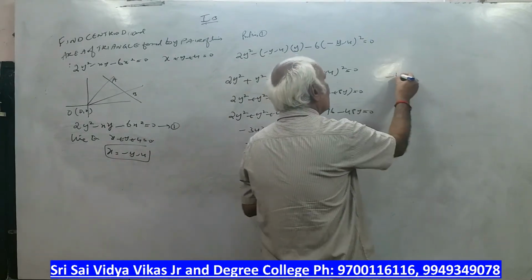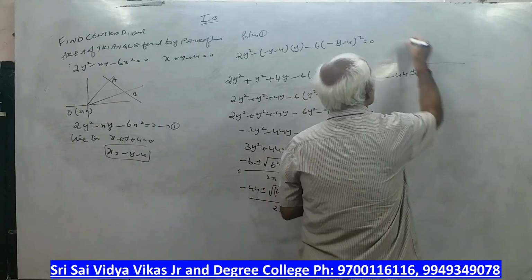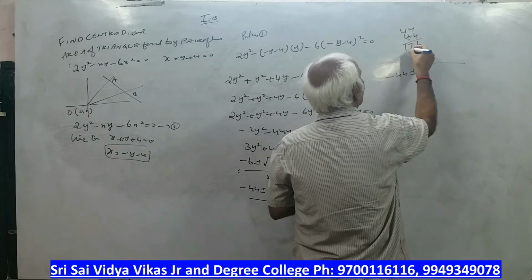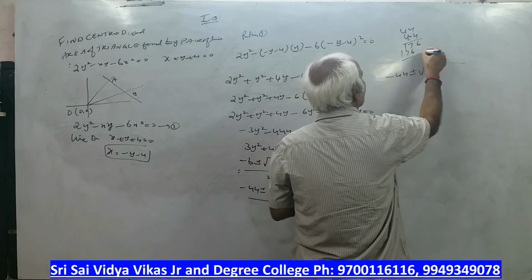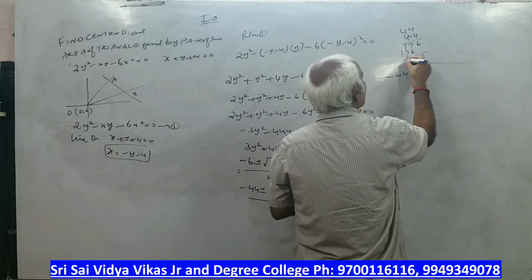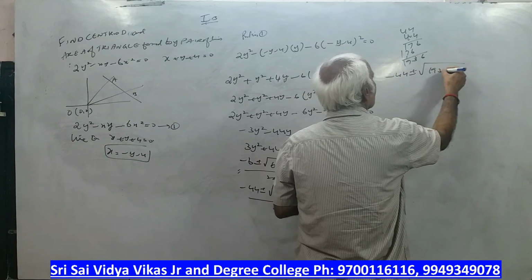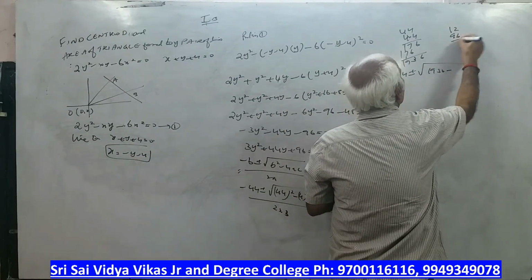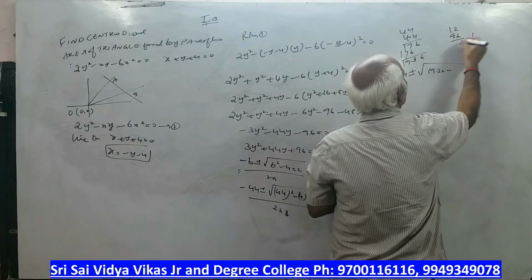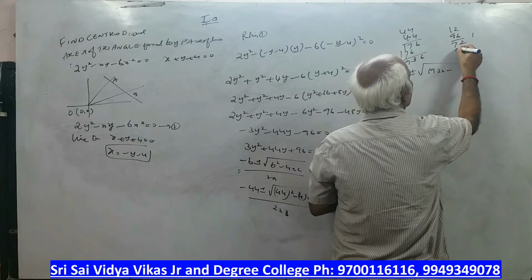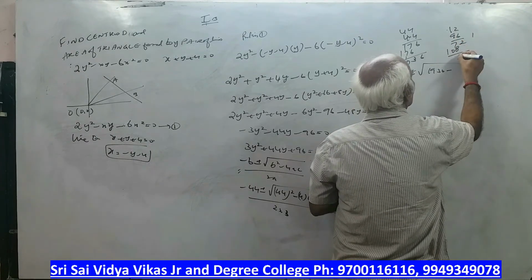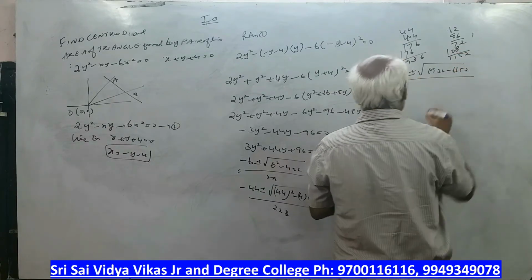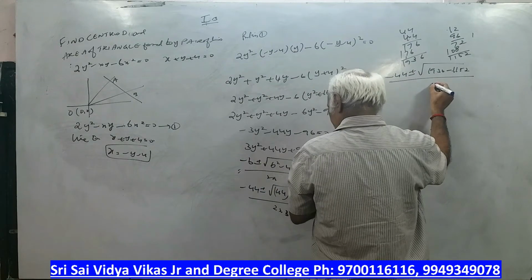So minus 44 plus or minus 44 into 44, 1936 minus 12 into 96, 25152 by 2 into 3, 6.